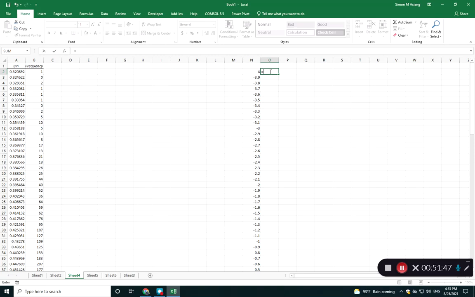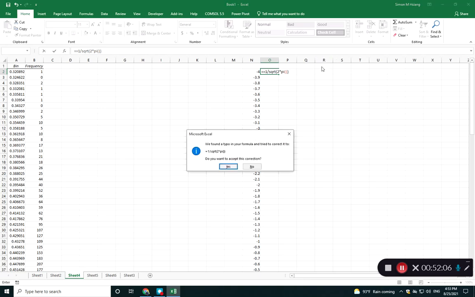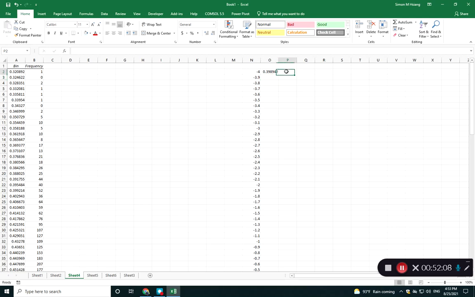So it is 1 over square root of 2 times pi, and then times exponential of minus half of the z-score squared.